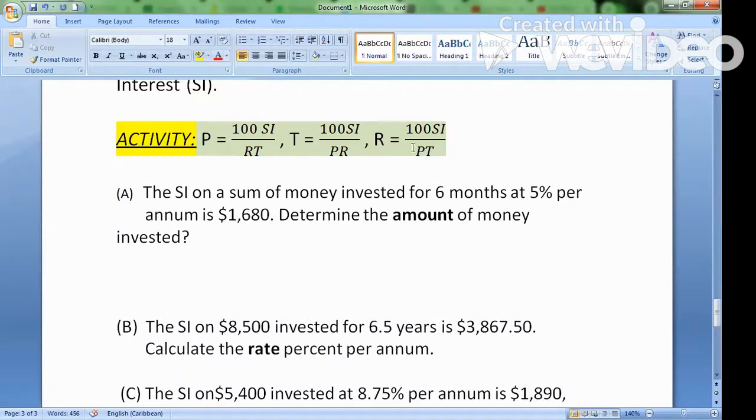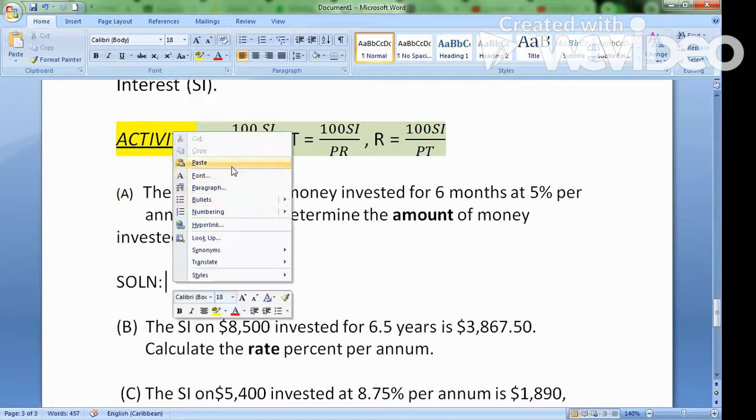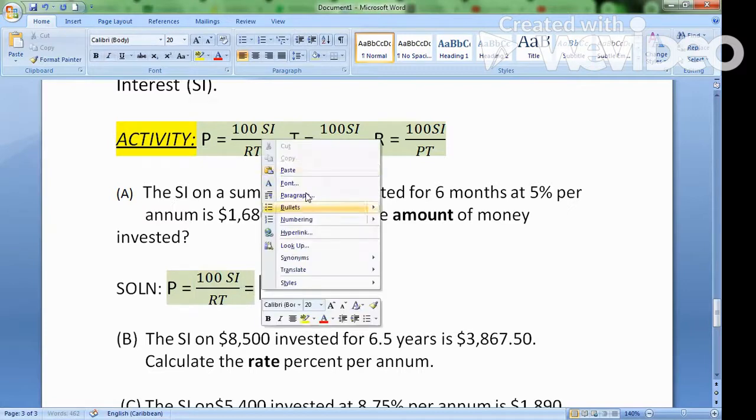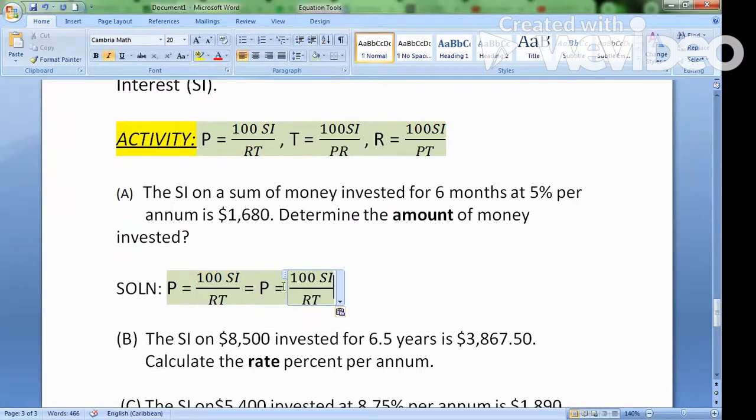Sir, would you use the principal formula? Yes. So it would be 100 times 1680 over 5 times 6.